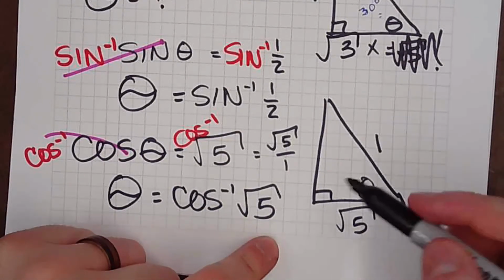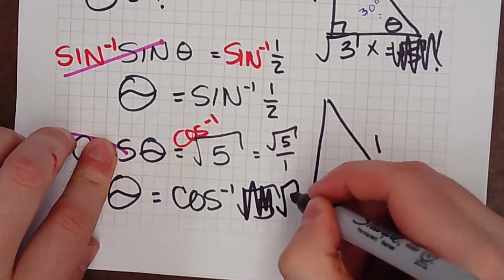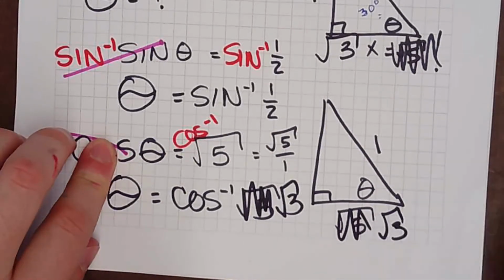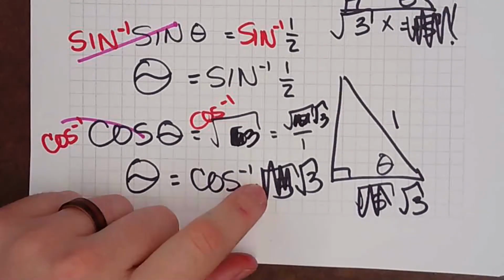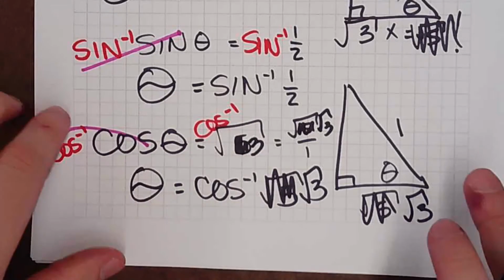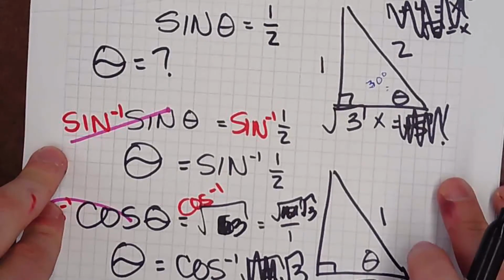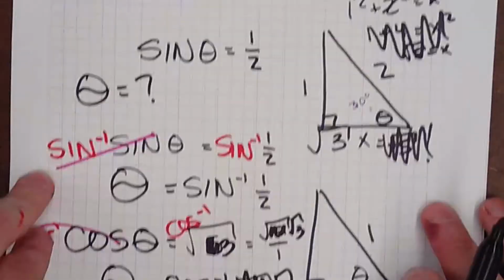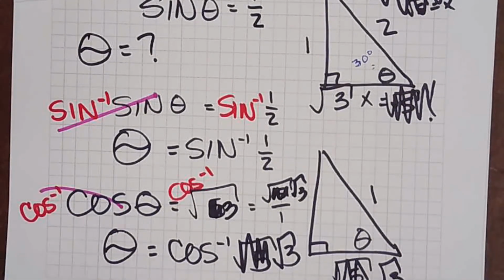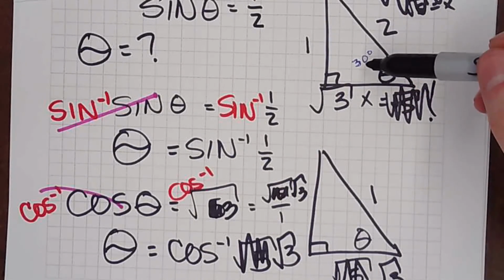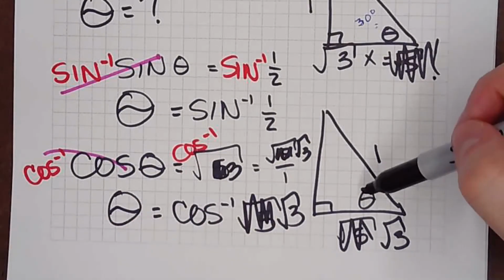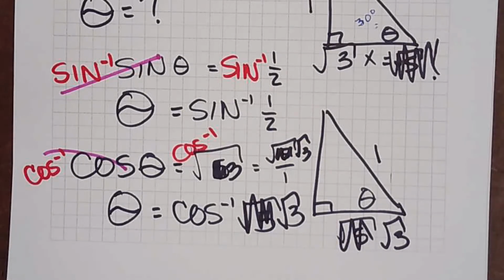We got a domain error. So what if I told you this? What if this was root 3? Okay, so now we have this. We'd plug into our calculator cosine inverse of root 3, and you get that angle. Before you do that, does anybody have any guesses of what it might be? We said the sine of this guy, 1 over 2, was 30. What do you think the cosine of this is going to be? Cosine of root 3.